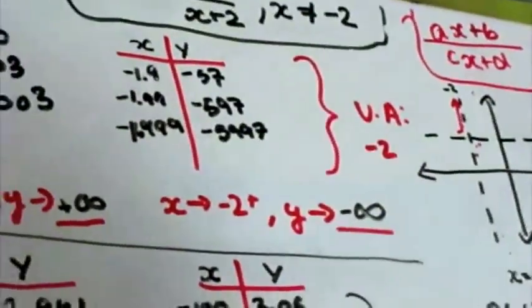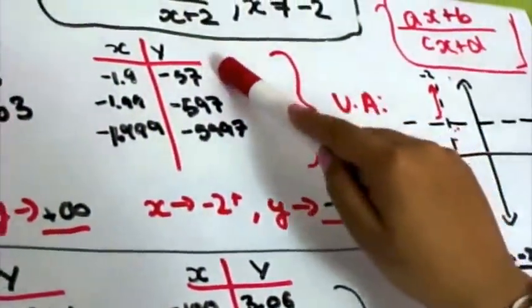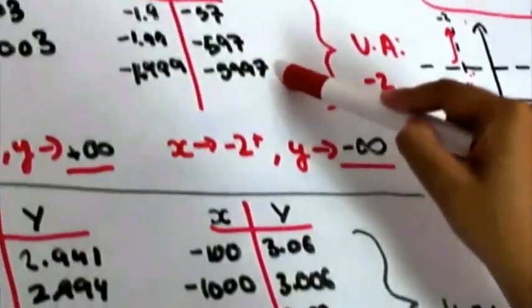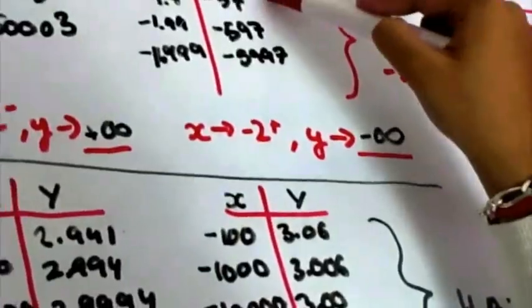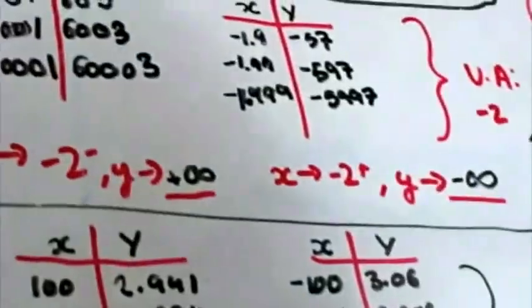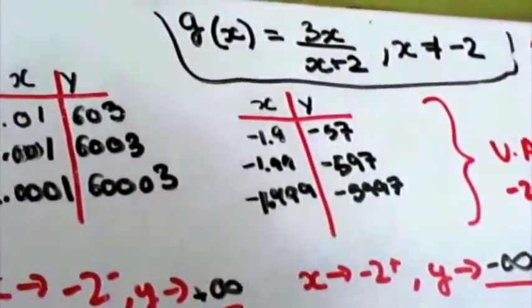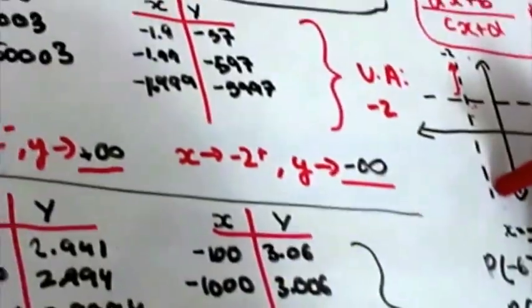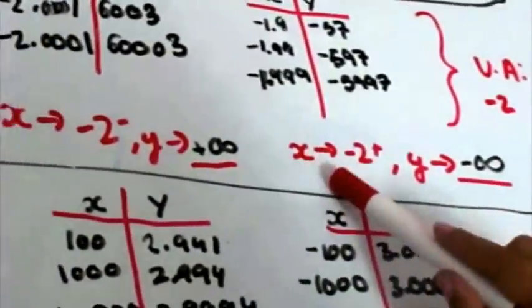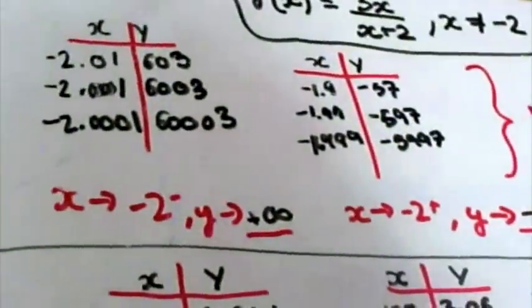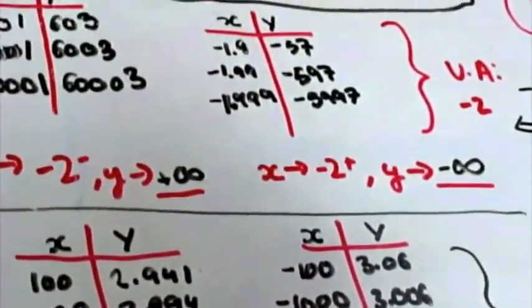For these values we get -57, -597, and -5997. Because these values are negative and they're increasing in magnitude, we can see that y is approaching negative infinity. So as x approaches -2 from the right-hand side, y approaches negative infinity. So we can sketch this part of the graph.